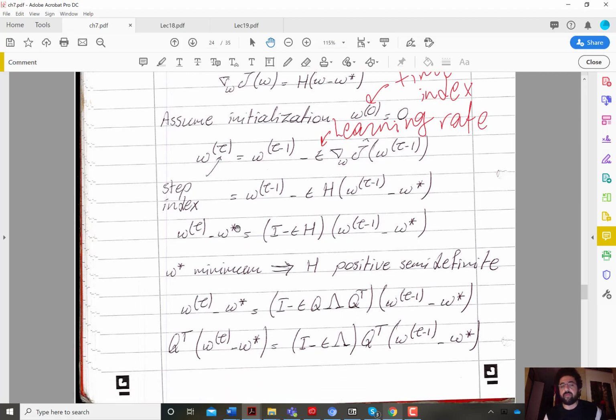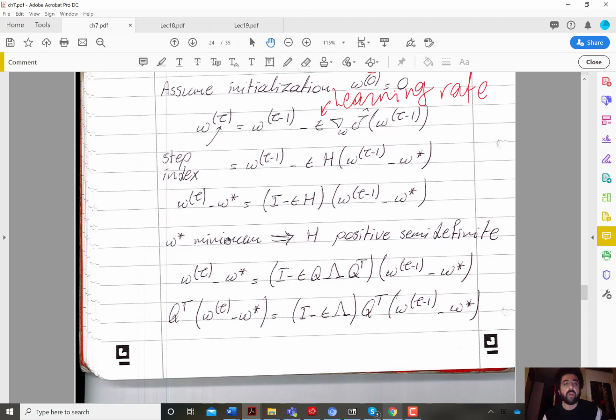So now a very simple transformation. Let's add minus omega star to both sides. So omega tau minus omega star equals I minus epsilon H times omega tau minus 1 minus omega star. And I here is the identity, because this term becomes omega tau minus 1 minus omega star, and this is the same as epsilon H times omega tau minus 1 minus omega star. Now because omega star is the minimum, H is positive semi-definite.